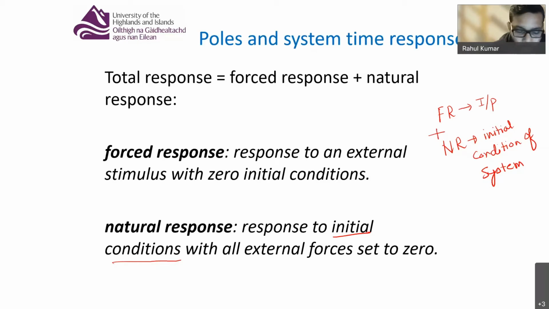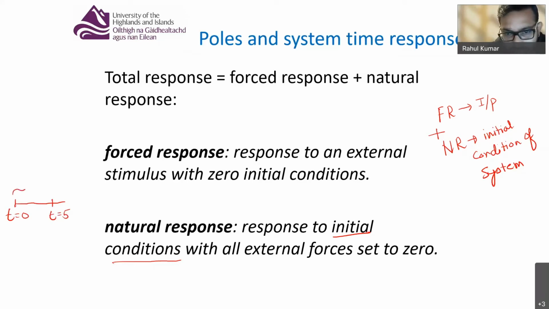Now, I also mentioned in the first lecture that for the initial time when you start operating your control system, for the initial few seconds, few minutes, or for that initial period, the total response will be only because of natural response. Let's say we start operating our system from t equals 0, and we operate until, let's say, t equals 5, some random value, 5 minutes, 5 seconds, whatever.